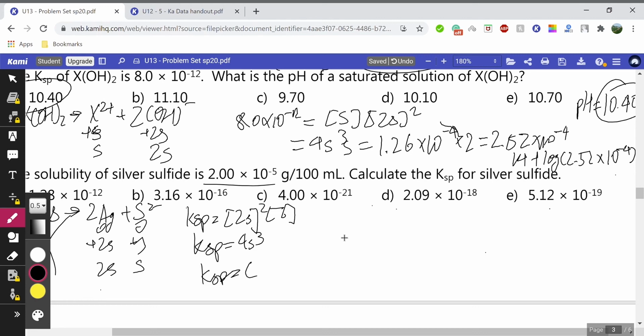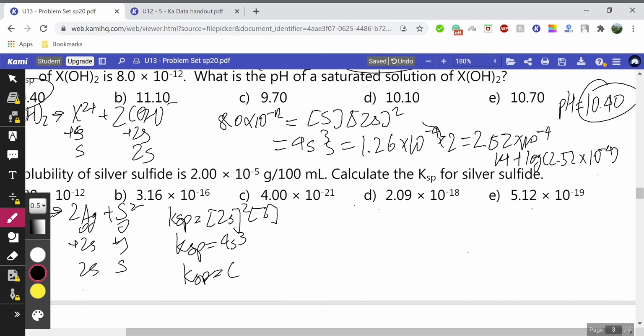And then s, what are we given? 2.00 times 10 to the negative 5th. Alright, first we need to convert this into concentration, which will be moles per liter. So 2.00 times 10 to the negative 5th grams per 1 liter. We're going to convert it to moles per liter.